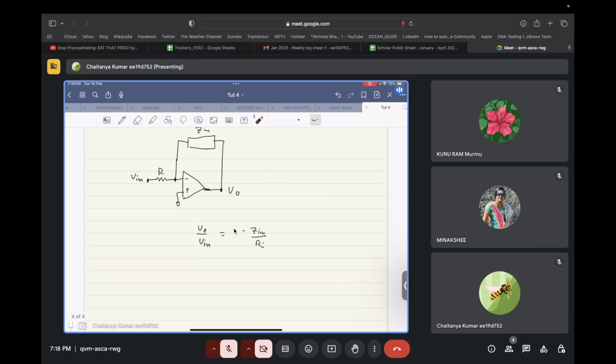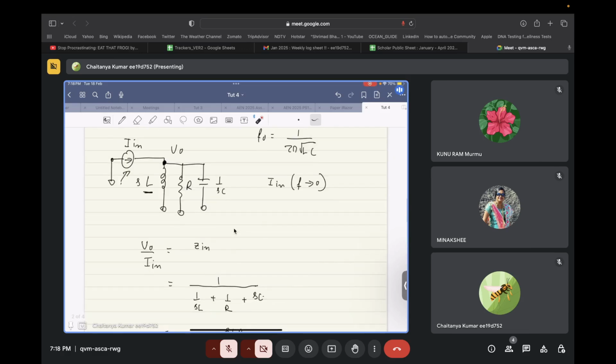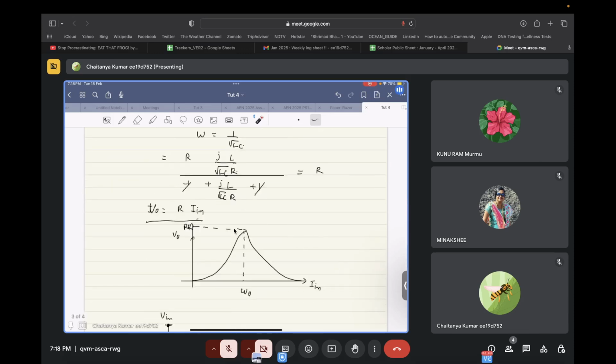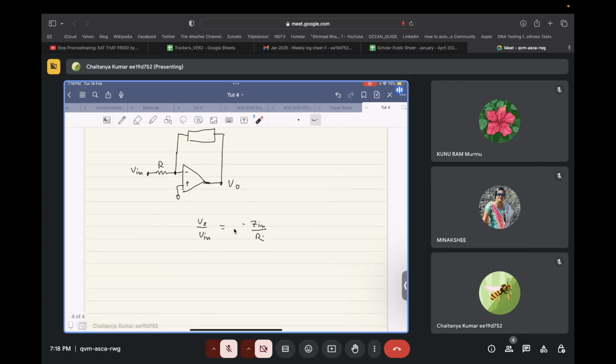So if that is the case, now we saw with this analysis that a parallel RLC combination gives us an impedance that is band pass in nature. So we can just substitute that parallel RLC over this Z in, and hopefully we will get our band pass filter that we required. So let's try to do that.